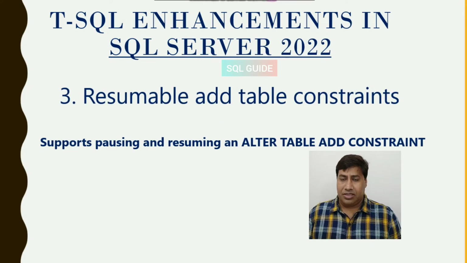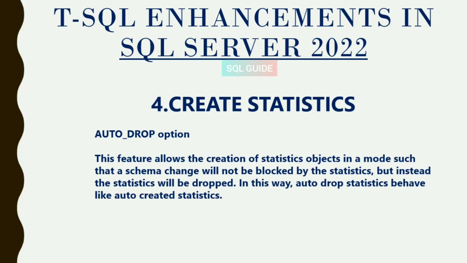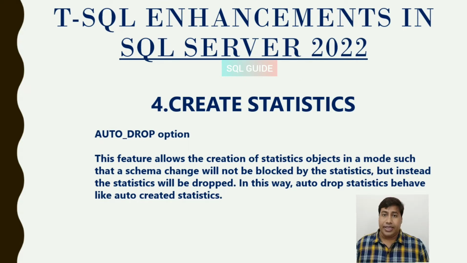One important new feature added in SQL Server 2022 is support for pausing and resuming an ALTER TABLE ADD CONSTRAINT operation. Another new feature is CREATE STATISTICS with the AUTO_DROP option.